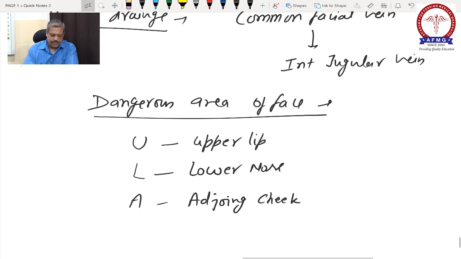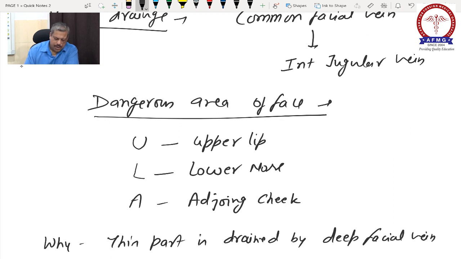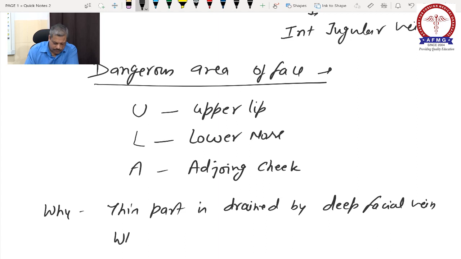Why are these dangerous? Because this part is drained by the deep facial vein, which is a tributary of the facial vein.